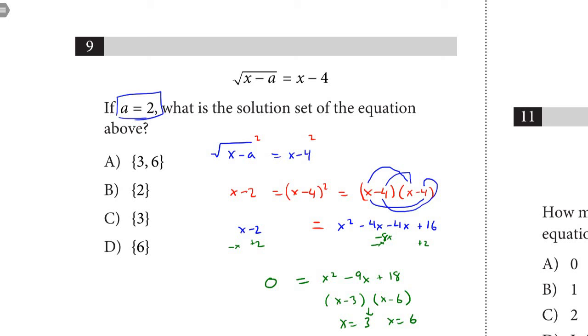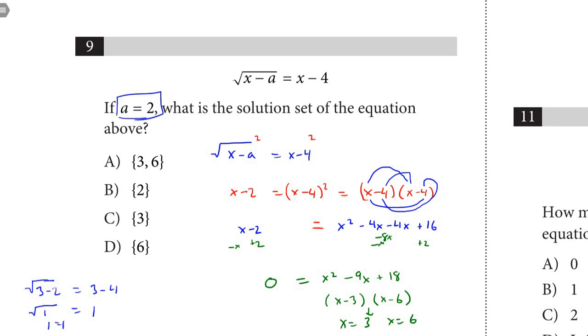If x is 3, then I will get, let me write it down here, the square root of 3 minus 2 is equal to 3 minus 4. What does that say? That's telling me we have the square root of 1, right? 3 minus 2 is 1, and that's equal to 3 minus 4 is 1. So the square root of 1 is equal to just 1, and 1 equals 1. So that makes sense.